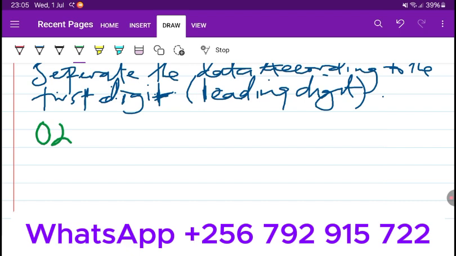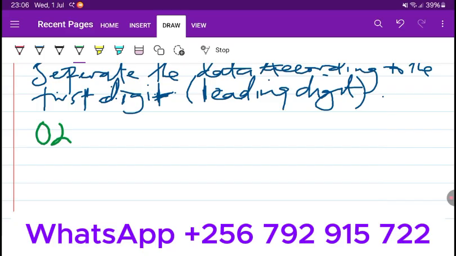If we have only one value, let's not put a comma. We only put a comma when we are separating the first digits themselves.